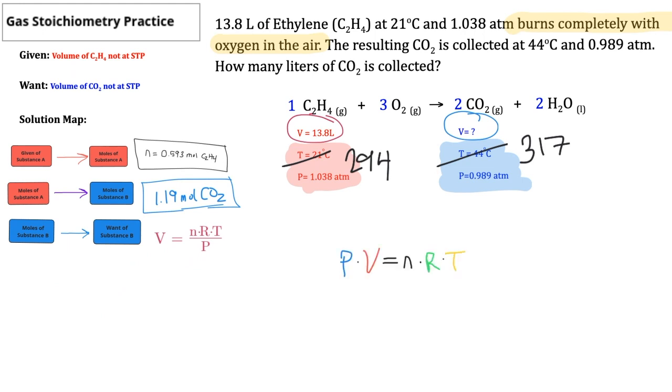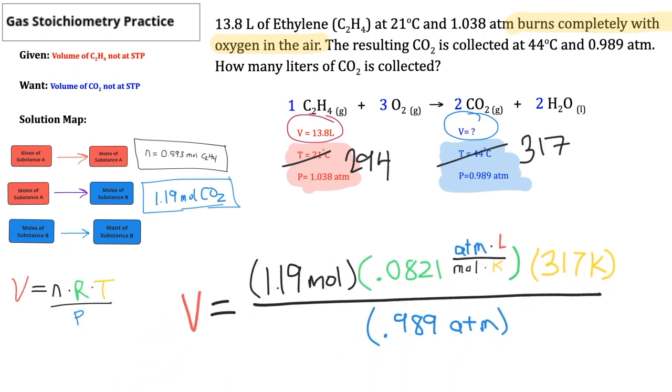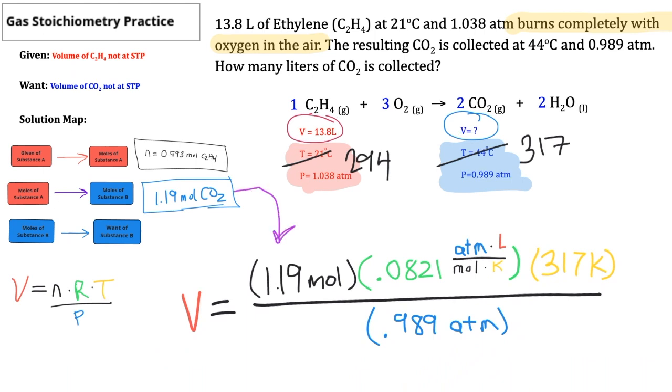Now, how do we get this? Well, if we take our PV equals nRT and we multiply both sides by 1 over P, the pressure units on the left side of the equation cancel out, and that leaves us with this final equation. Now we simply input our values into that equation, where our moles came from the prior step in the problem, and the other values came from what was given originally.